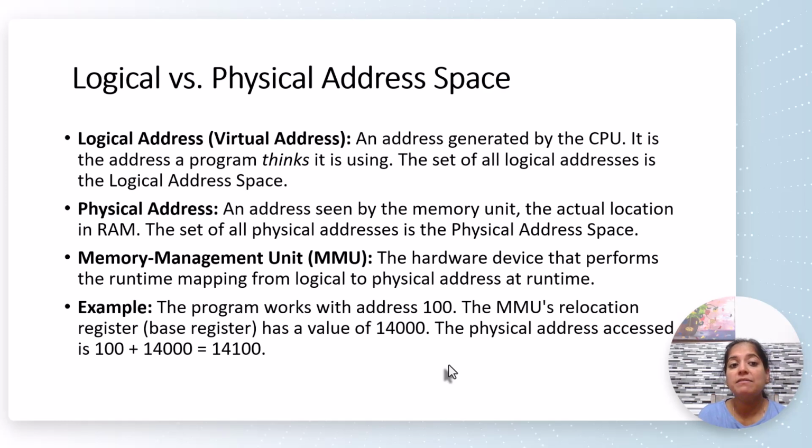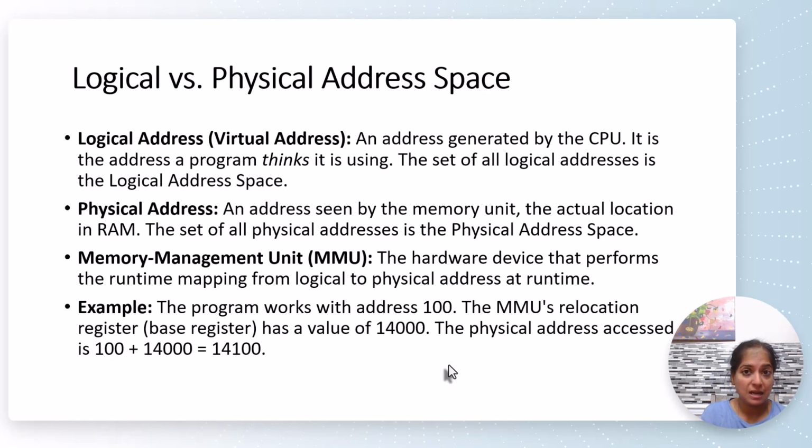On the other hand, the physical address is the address seen by the memory unit, the actual location in the RAM. The set of all physical addresses is called the physical address space.